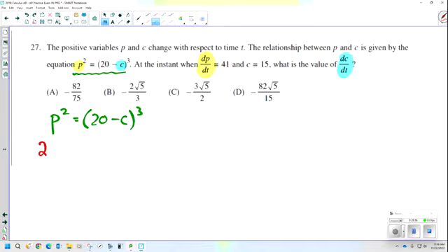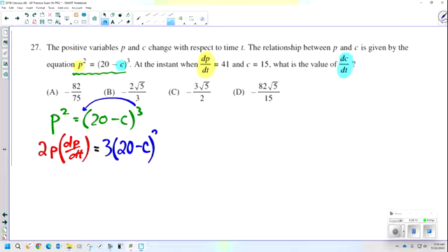This is 2P dP dt equals, exponent rule, the 3 comes down, the inside stays the same, this drops by 1, then times the derivative of the inside, which would be just negative dC dt.